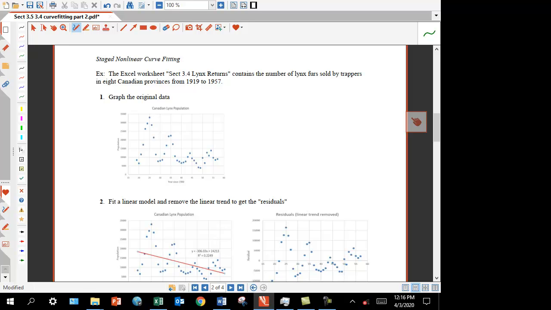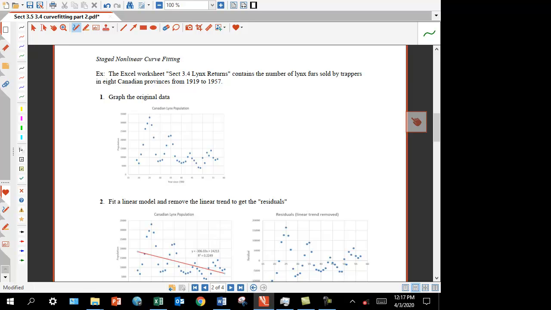In the spreadsheet, there are going to be the reported number of lynx furs sold by trappers in Canada from years 1919 to 1957. So lynx are wildcats, like a bobcat.